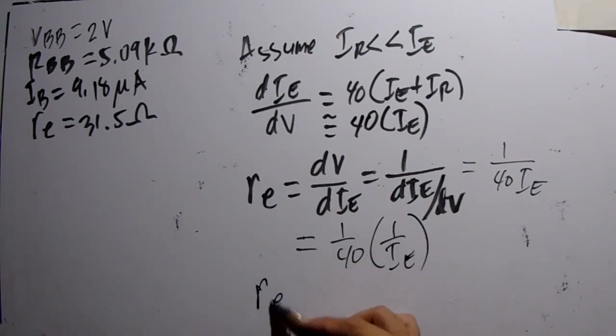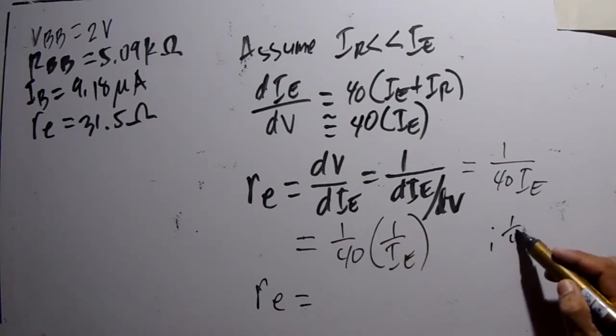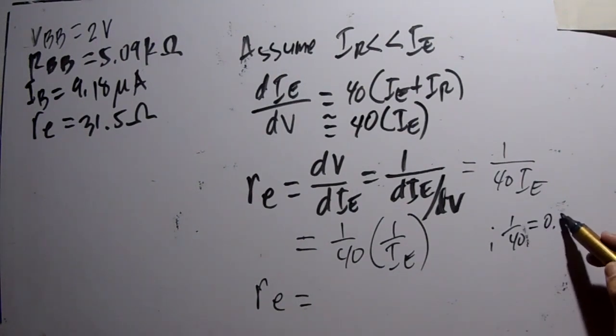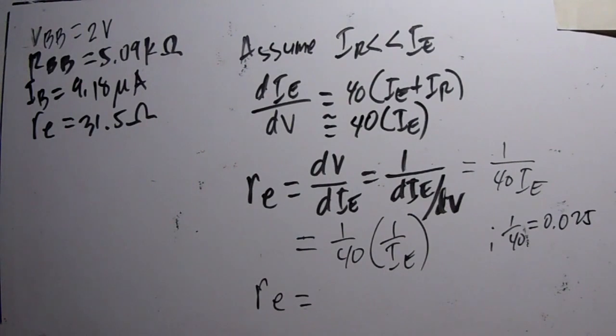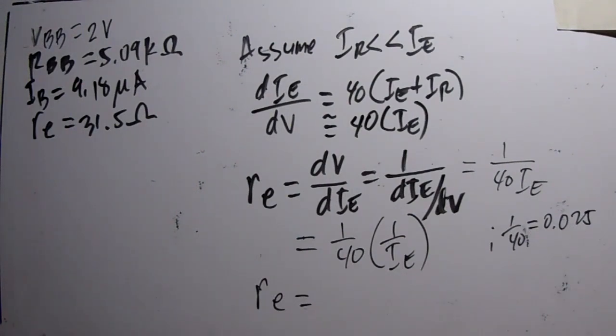So therefore RE now becomes, since 1 over 40 is equal to 0.025, RE now is 0.025 divided by IE.